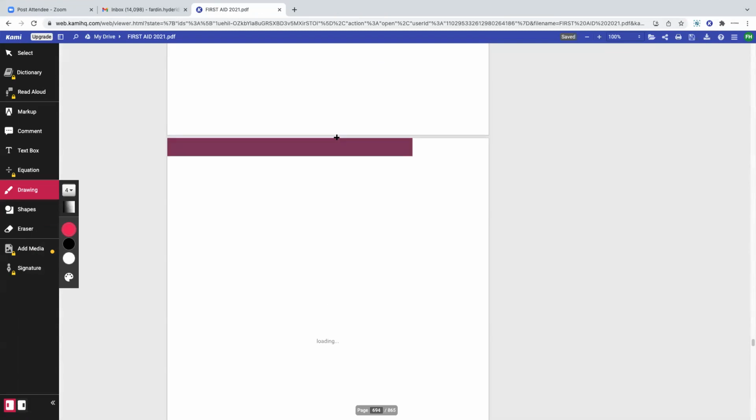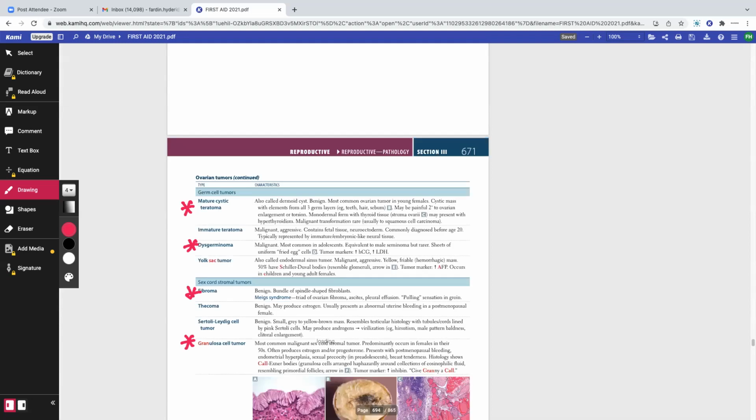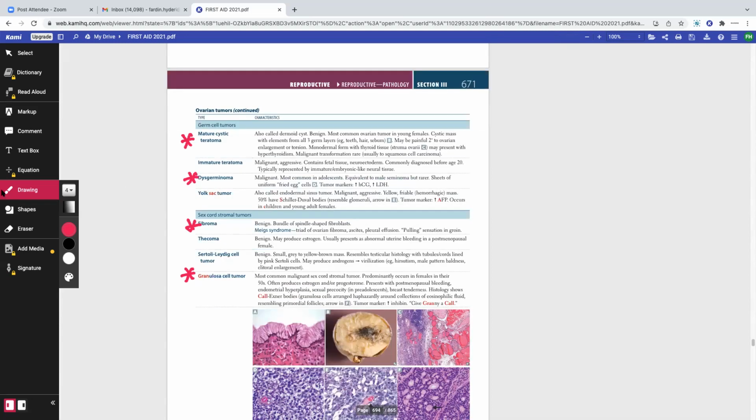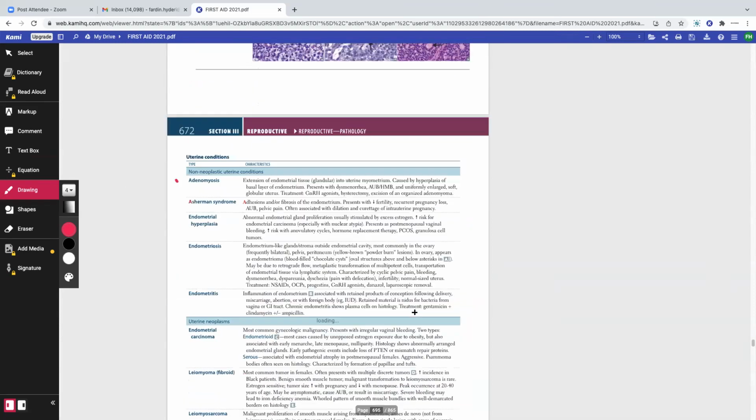I'm just going to let you know very quickly which uterine conditions are very, very high yield. Please have your red pen to give a star beside adenomyosis, endometriosis, endometrial hyperplasia, endometrial carcinoma, and fibroid.